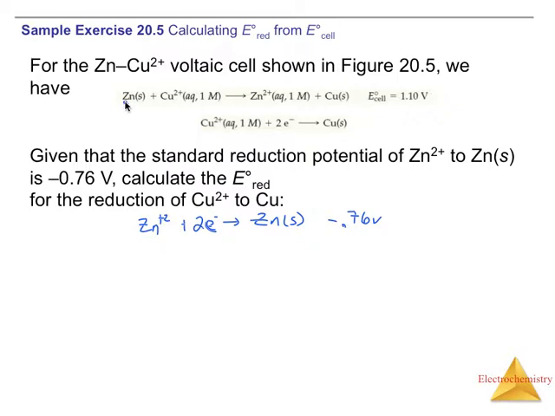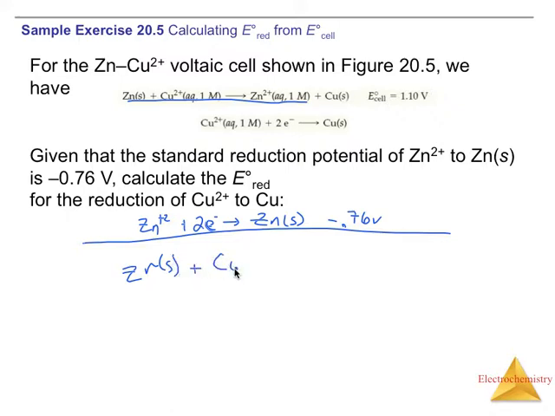If we look at this overall equation, we have zinc solid plus the copper ion in solution going to the zinc ion and copper metal, with an overall potential of 1.10 volts.